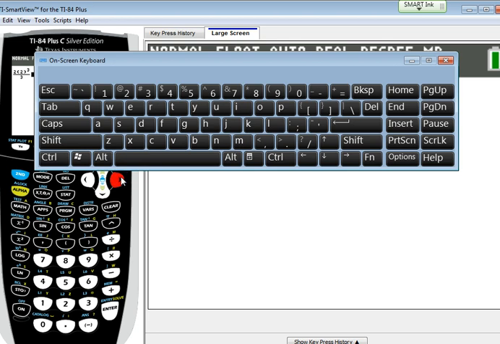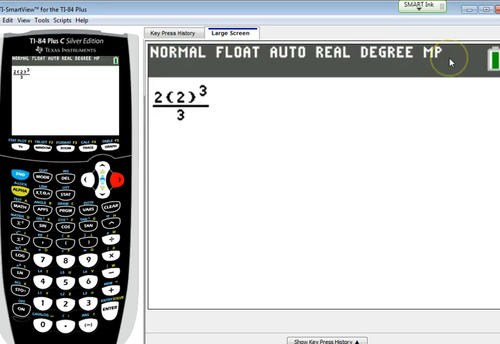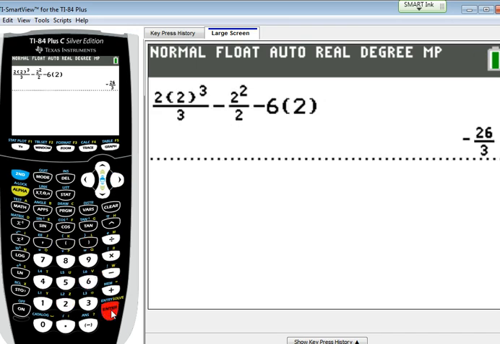And then minus, alpha y equals, 2 squared over 2 minus 6 times 2. So we get this negative 26 thirds, right? Did you guys get that?